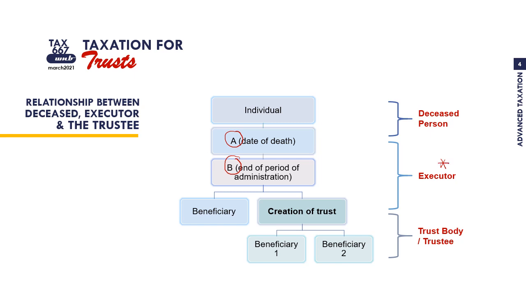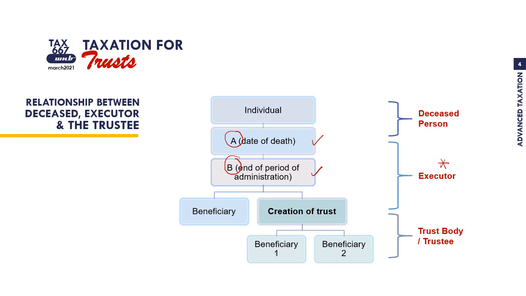The period of administration for an executor starts from the date of death until the last date he distributes all the wealth from the estate to the beneficiaries. So here is the last date of administration for an executor.